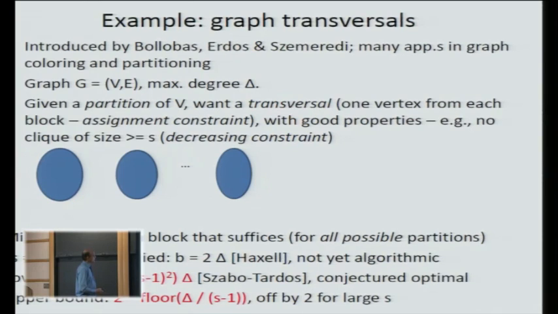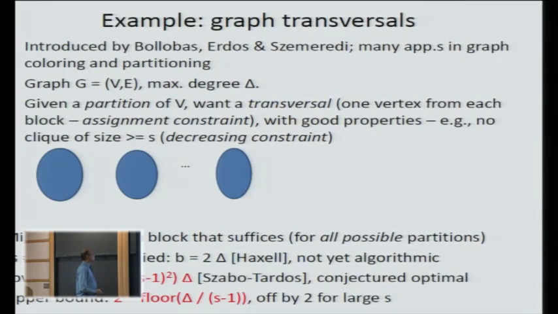Again, you pick one vertex from each block, and in their induced subgraph, the maximum clique size should be at most s minus 1. Consider this problem. The case s equal to 2 is very well studied. So in other words, you want one vertex from each block so that the vertices you pick form an independent set, right?